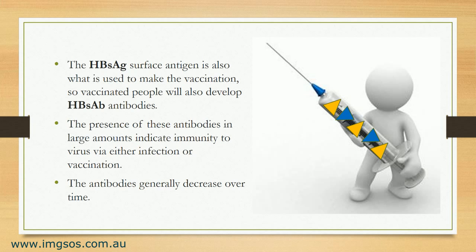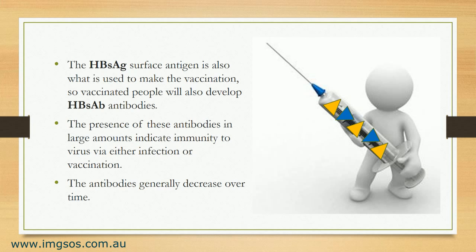What this means though, when we're testing, is that patients with hepatitis B infection will develop antibodies to the surface antigen, so they'll develop surface antibodies. So will patients who've been vaccinated. They will also develop surface antibodies. So the presence of antibodies in large amounts indicates immunity, either from cleared virus or from vaccination.